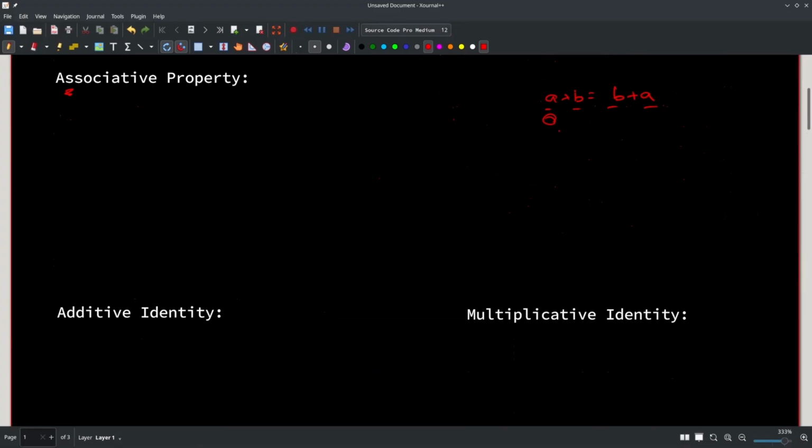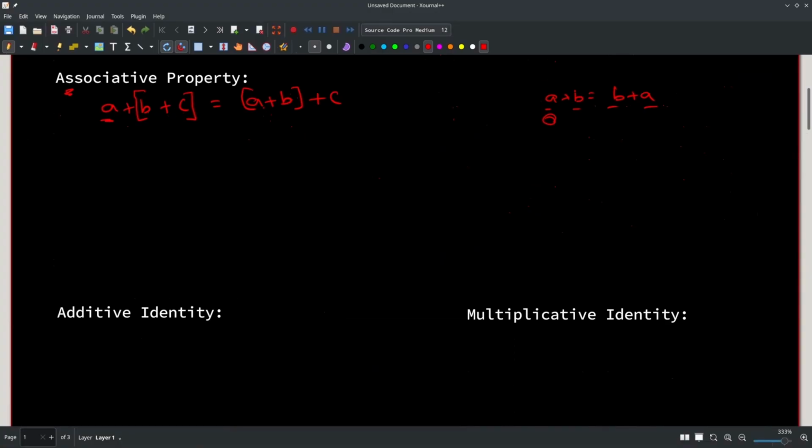Instead of 2 numbers, we're going to take 3 numbers. We have one number plus a second number plus a third number, but this time we are going to separate the last 2 numbers. You're taking the first number and then adding it to the sum of the last 2 numbers.